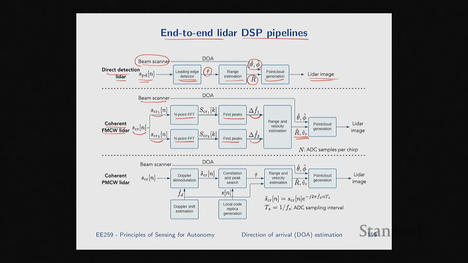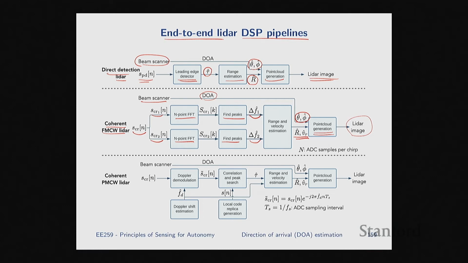And then the DOA, again, you read it back from your scanner if it has readback, or if not, you have some forward model, and from that you just estimate what the pointing angle was for your beam scanner, and that is your theta hat, phi hat. And now you have range, velocity, and DOA, and then you can produce representations, usually in the form of a point cloud, and that's your output LiDAR image.